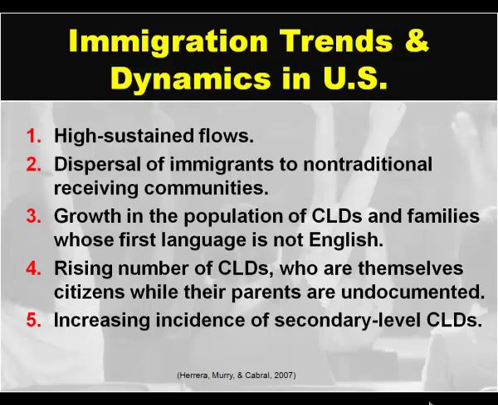Growth in the population of CLDs and families whose first language is not English. 4. Rising number of CLDs who are themselves citizens while their parents are undocumented. 5. Increasing incidence of secondary level CLDs. Let's explore the impact of these 5 trends.